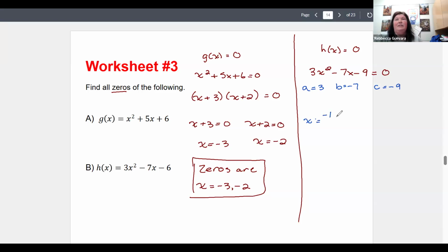So we get negative b plus or minus the square root of b squared minus 4ac, over 2a. So x is equal to negative b, and b is negative 7, so it's going to be plus 7, plus or minus the square root of negative 7 squared minus 4 times a, which is 3, and c, which is negative 9, all over 2a, so 2 times 3.